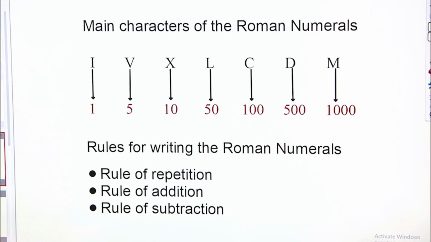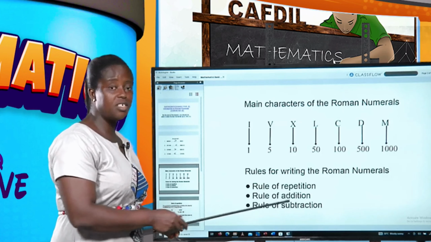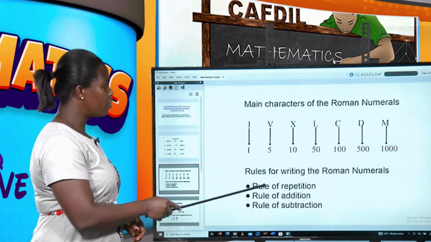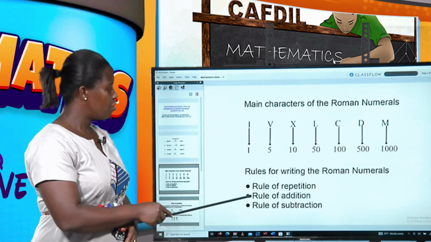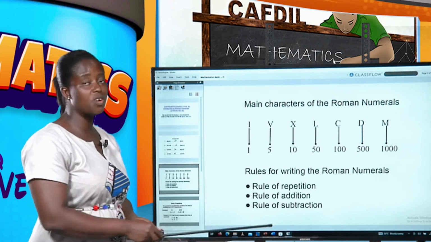And in writing Roman numerals, there are rules. If we follow the rules, we will write them perfectly. And what are the rules? We have rule of repetition, rule of addition, and then rule of subtraction.